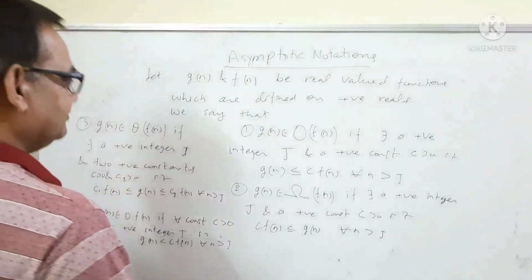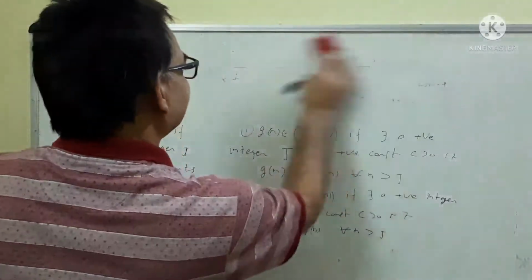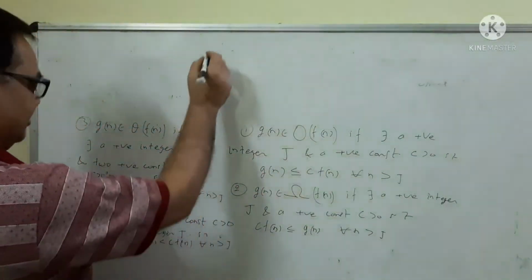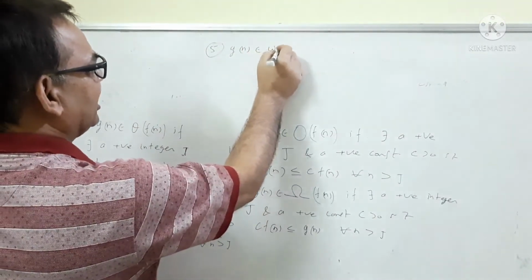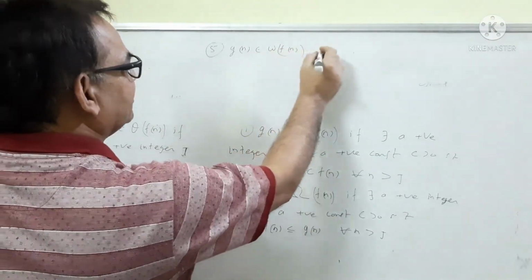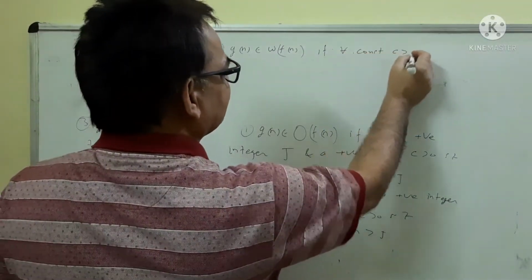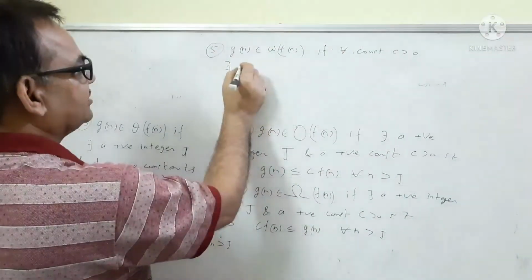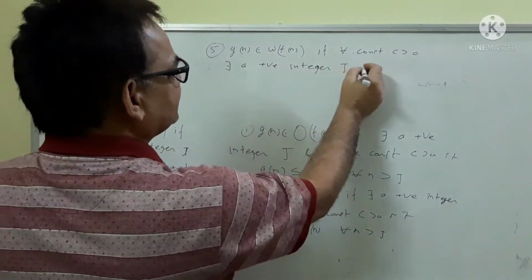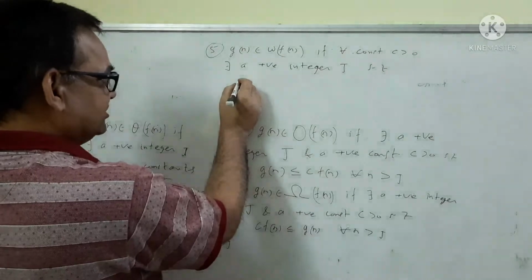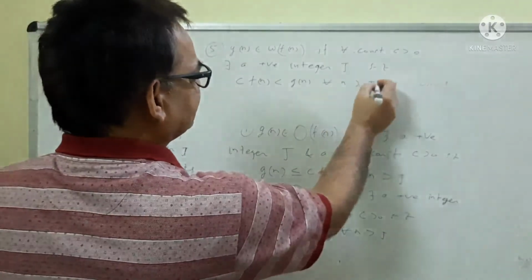Now fifth, let us define the fifth one. Gn belongs to little omega Fn if for every positive constant C, there exists a positive integer j such that C times Fn is less than Gn for every n greater than j.